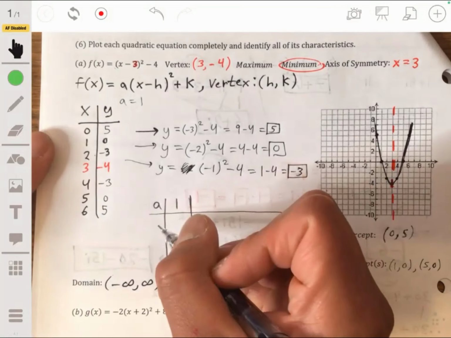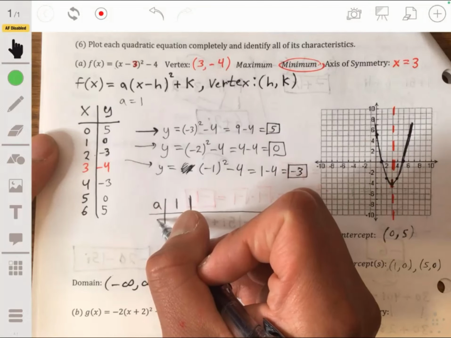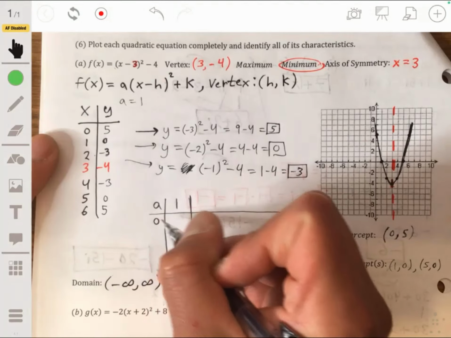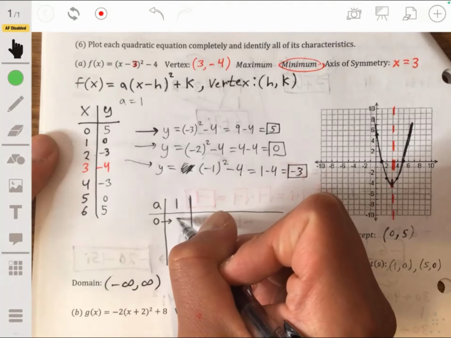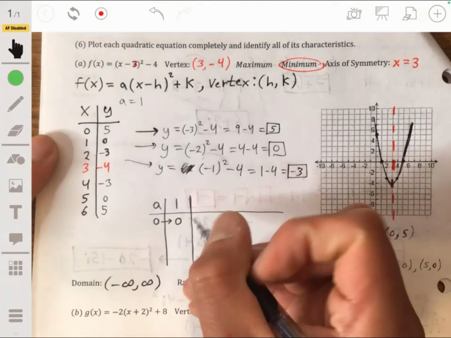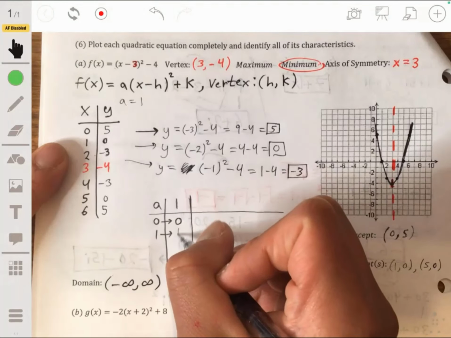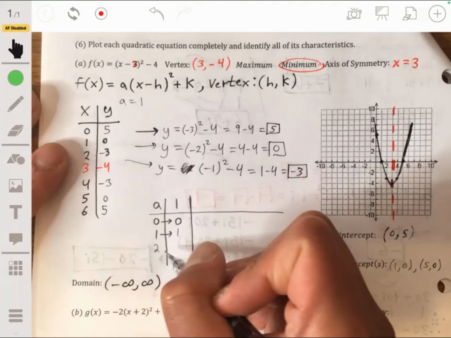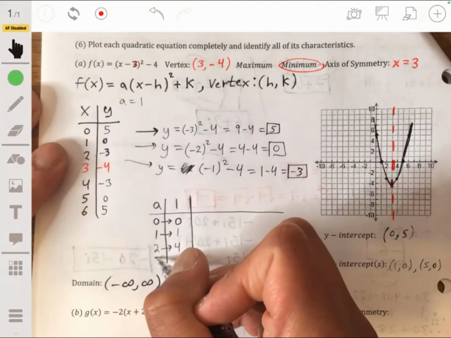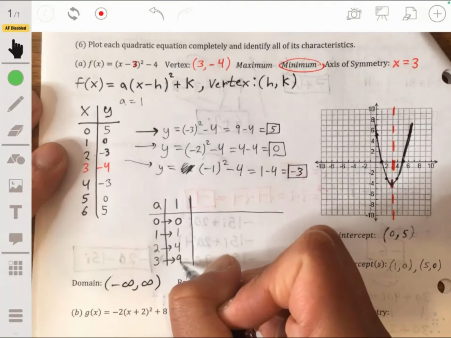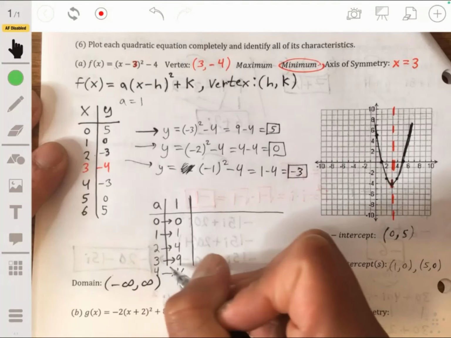So in other words, the x values: 0 squared becomes 0. 1 squared becomes 1. 2 squared becomes 4. 3 squared becomes 9. 4 squared becomes 16.